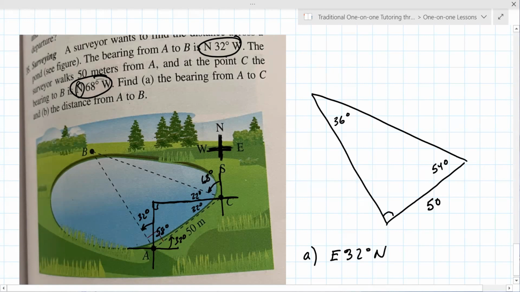Okay. That makes sense. The first letter tells you which way you start, and the second one is like a rotation. There are other answers though, like another correct answer for A is north, and then you rotate 58 degrees to the east. Okay. So which is right?